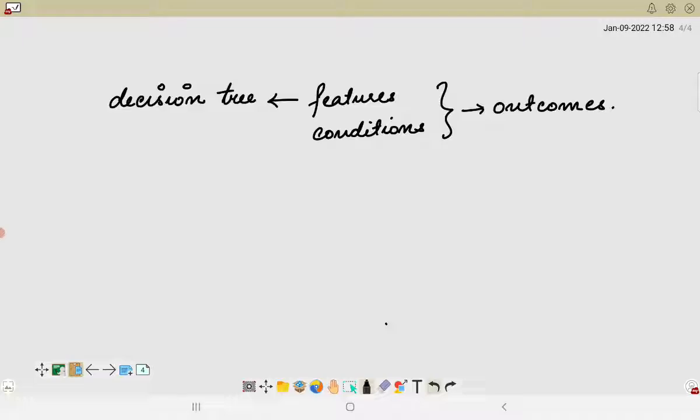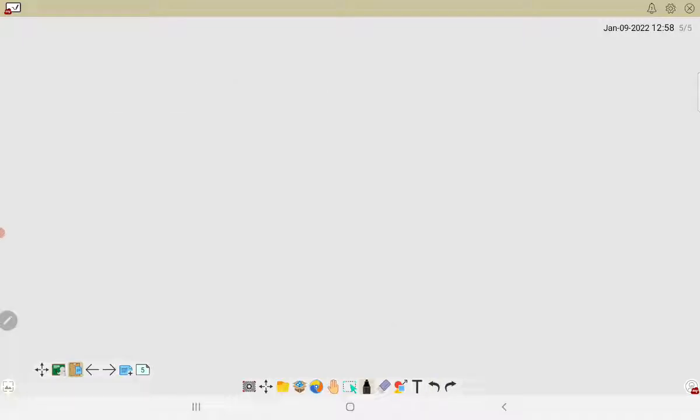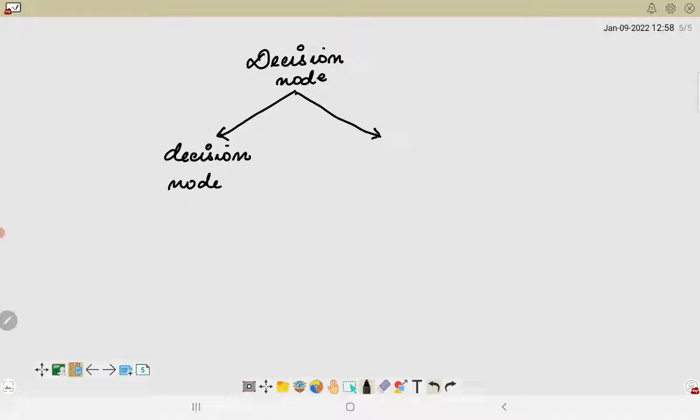Now, if we want to see this in a diagrammatic way, we will be looking into it here. Basically every tree starts with the root. Here also there is a root node, but essentially this will be a decision node also. From this decision node we will have multiple other decision nodes generated. Decision node, again decision node here.